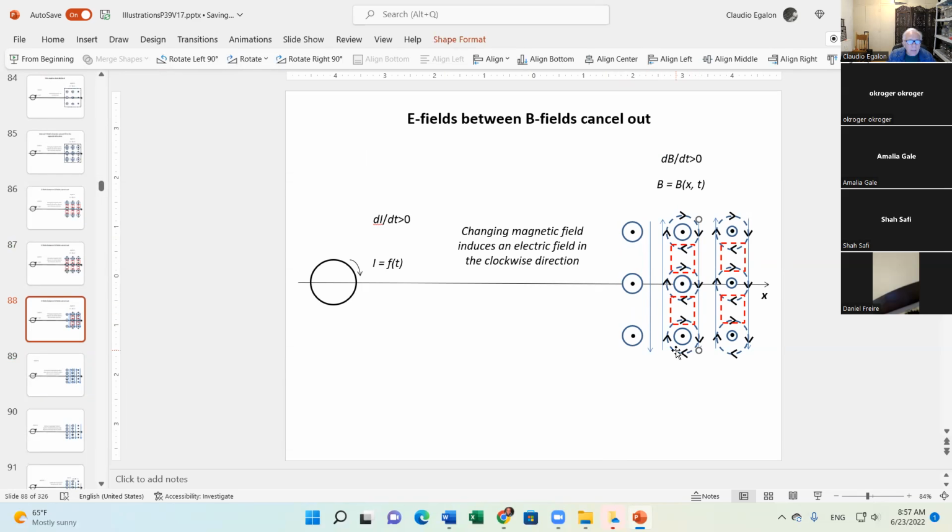Let's see. Cancel, cancel, cancel, cancel. Simplifying the drawing. Here you go. This one gone, this one gone, this one gone, this one gone, this one gone.